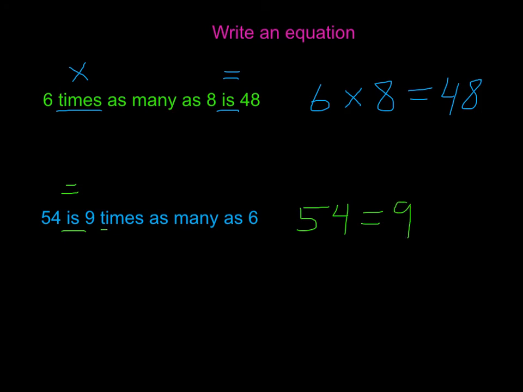And then we have times here, which is the multiplication sign, times as many as 6. So as you can see, it's really easy to write an equation out of our comparison sentence. And that's a basic introduction into comparison with multiplication, or multiplication comparisons. And by knowing this, it'll lead us into the next couple chapters.